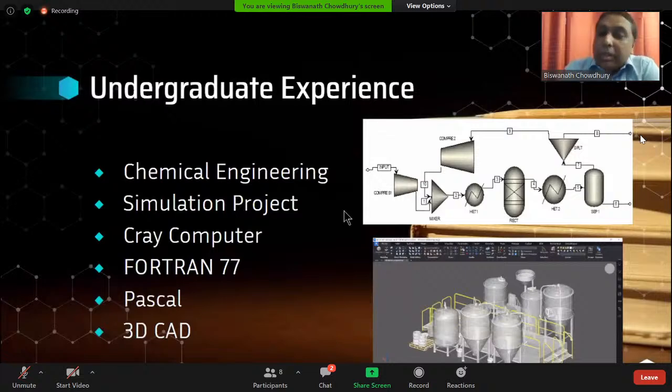When I joined the Institute for Engineering, this was the first time that I had access to computers, because around that time personal computers were not widely available and were very expensive. Our institute had just got a new Cray computer and we were very excited to work on this supercomputer.